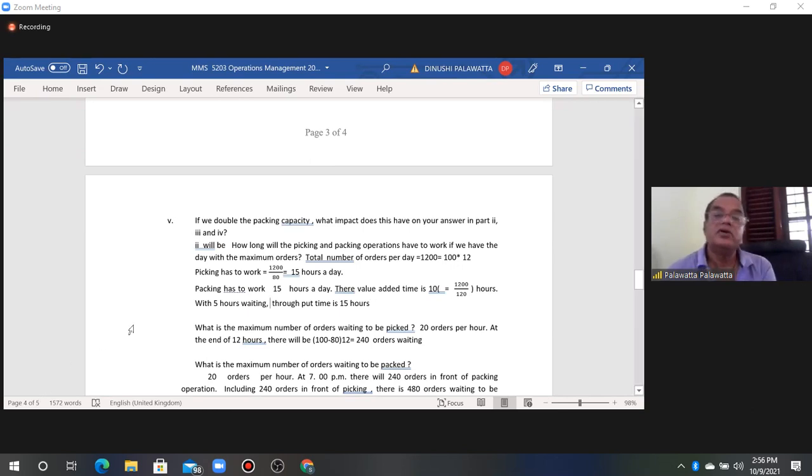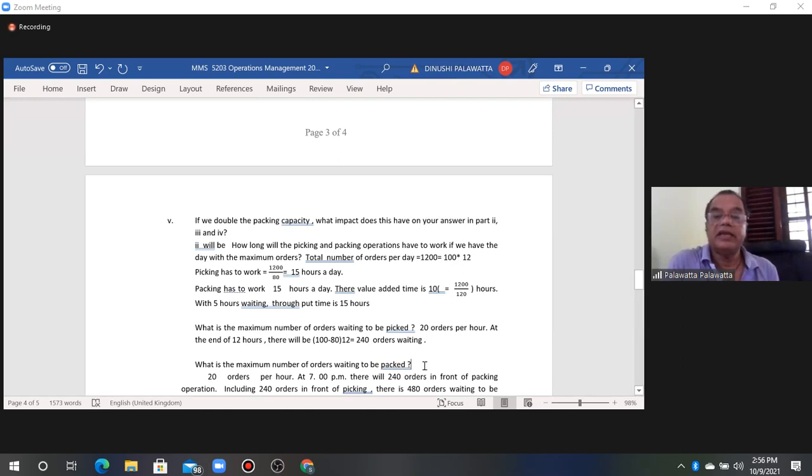And then what is the maximum number of orders to be picked? So that will be 20 orders per hour. At the end of 12 hours, there will be 240 orders waiting. That's correct. It's same.